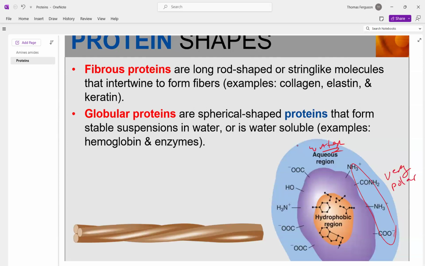The non-polar ones are in the middle. Just like when we had the fats. Remember we had the micelle, we had the non-polar ones in the middle, polar ones on the outside. Same concept.